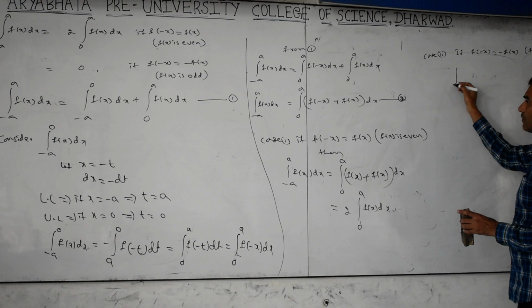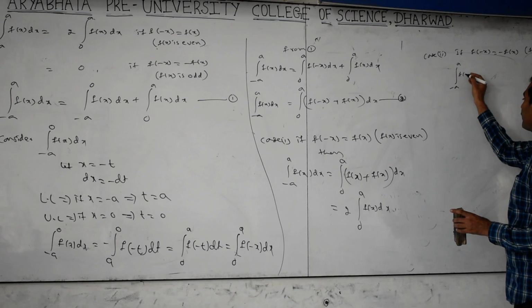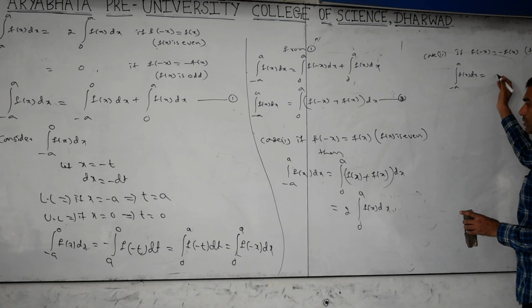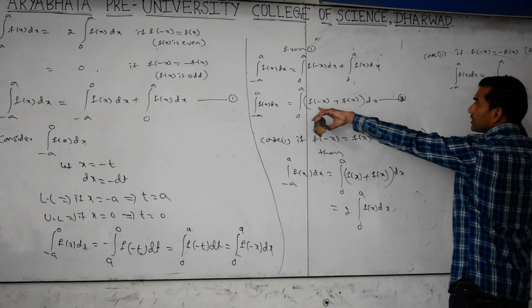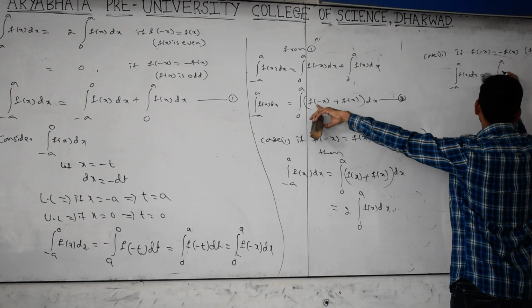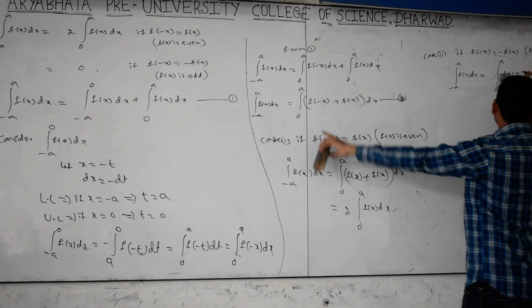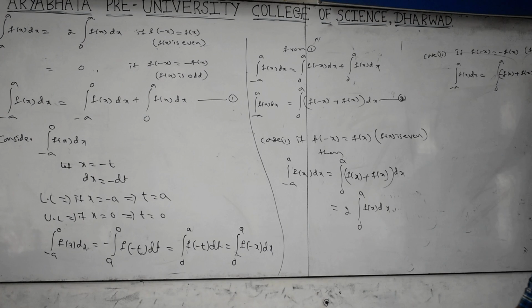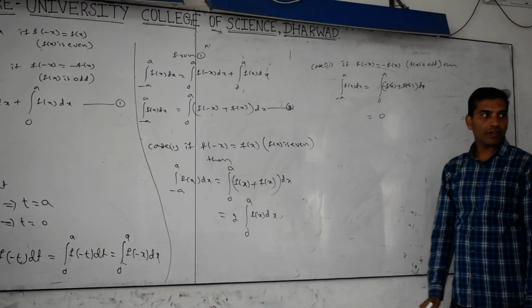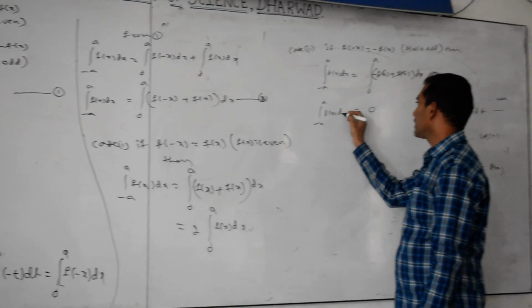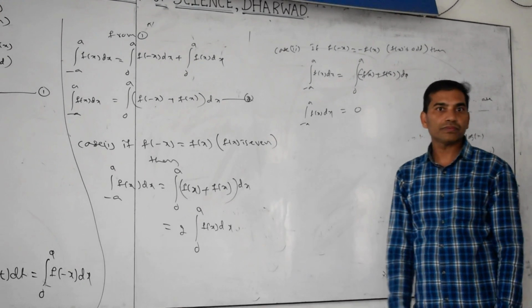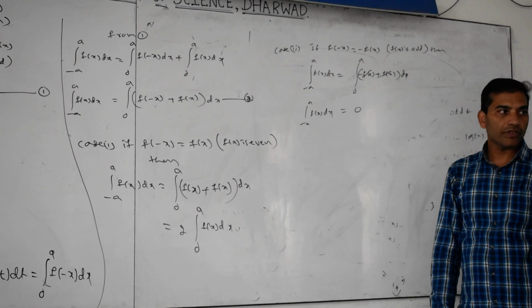Then integration of minus a to a of f of x dx equals 0 to a of, from the first equation, f of minus x equal to minus f of x plus f of x dx. This gets cancelled. Integration of 0 is 0. Are you following? So integration of minus a to a of f of x dx equals 0.